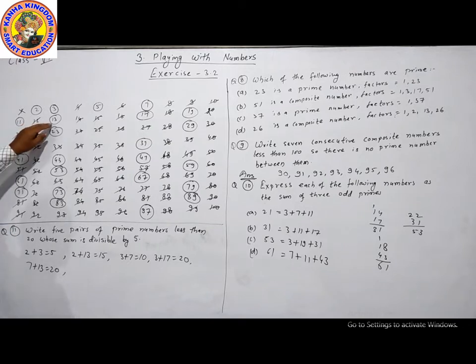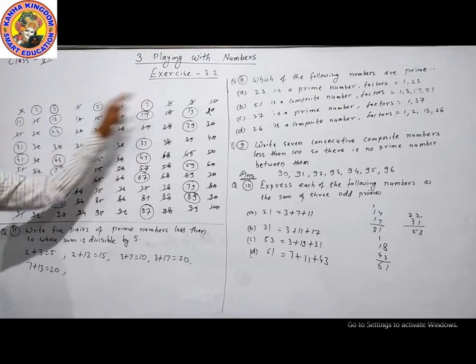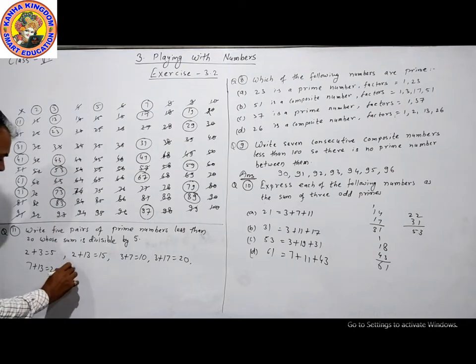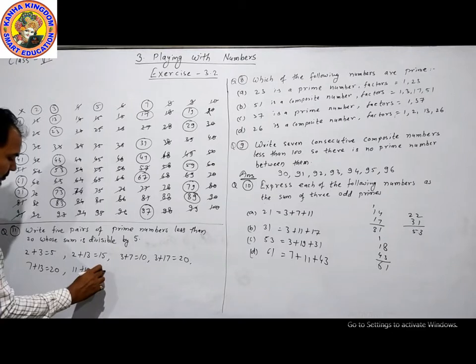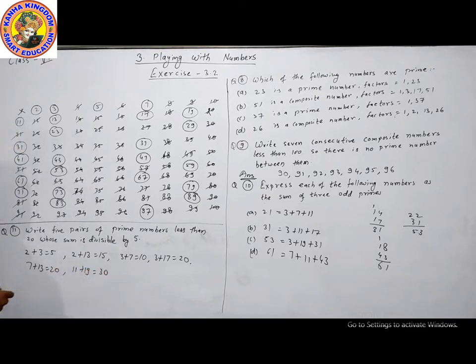Now 11 and 19. 11 plus 19 is equal to 30, which can be divided by 5. These are 6 pairs of prime numbers between 1 and 20 whose addition can be divided by 5.